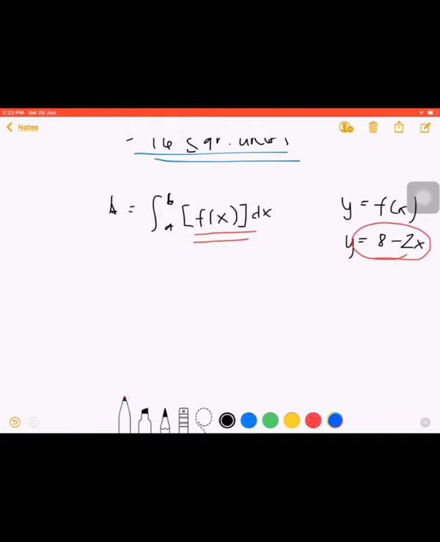So we're going to integrate from 0 to 4 of f of x, which is our 8 minus 2x, dx.